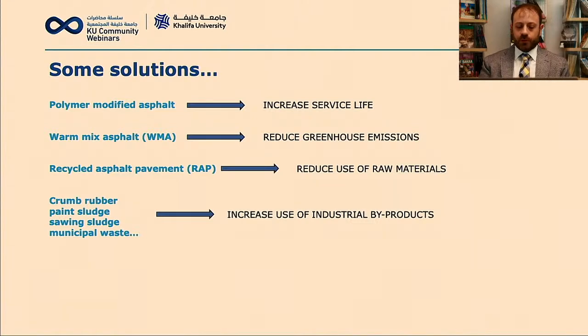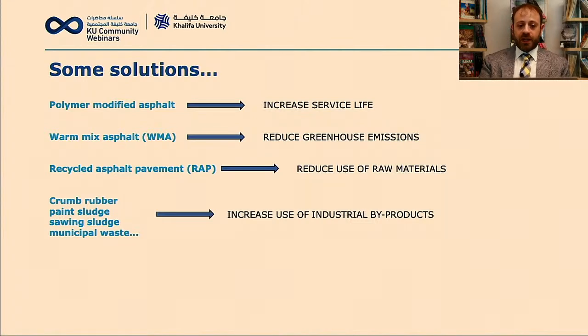One of them is, for example, the polymer modified asphalt, which usually increases the service life of our pavement structures, and this solution is something that Abu Dhabi and the UAE in general is already implementing in their infrastructure network.